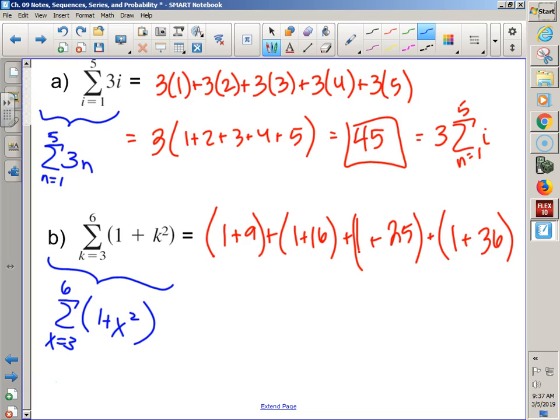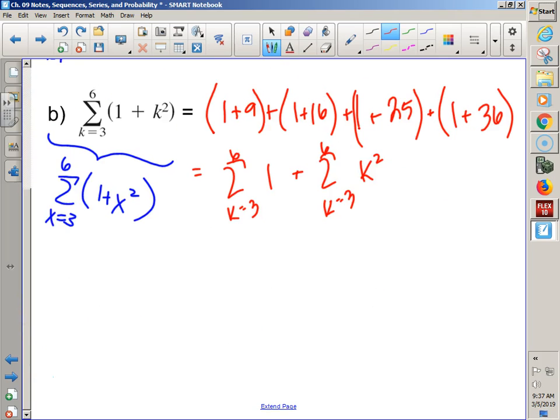But according to our properties, this would have been a bit more awkward, but we could have split this up to be the sum from k equals 3 to 6 of 1 plus the sum from 3 to 6 of k squared. We would say 1 times n, but it's not 1 times 6, sadly, because it's 3, 4, 5, 6.